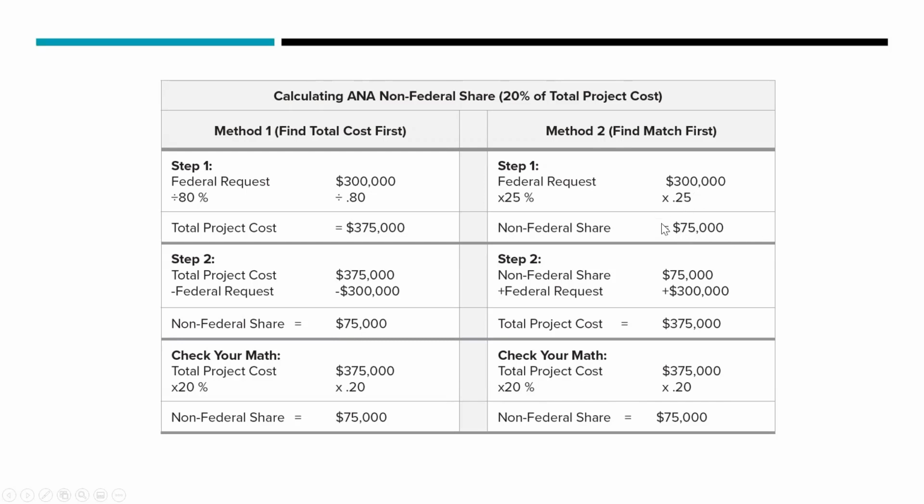So this is the amount that you need to include in your application for your non-federal share. So step two, you're going to take your non-federal share of $75,000 and add it to your federal request to get the total project cost of $375,000. And then you're going to check your math: take $375,000, your total project cost, multiply it by 20%, and you will get $75,000. So it just shows that you have made correct calculations.